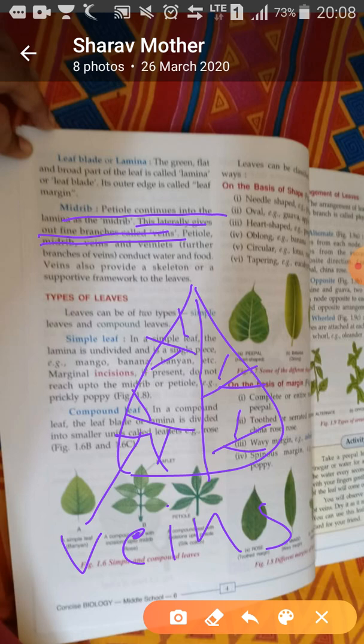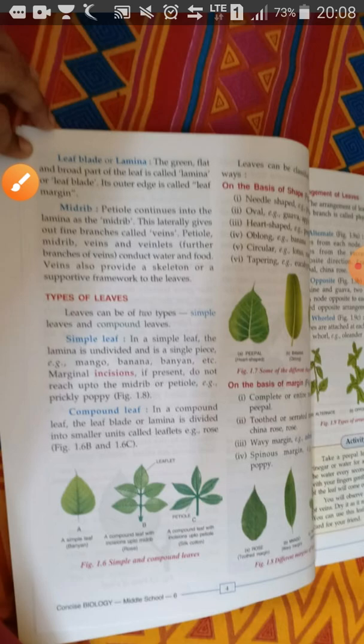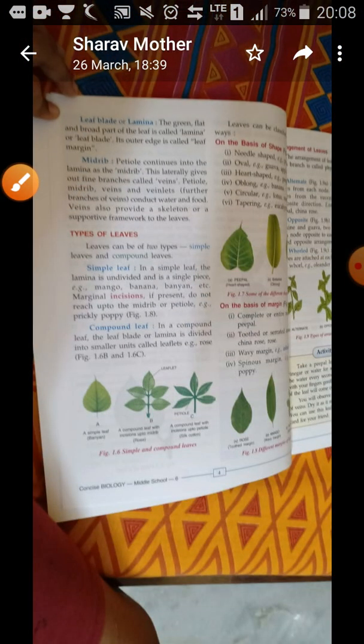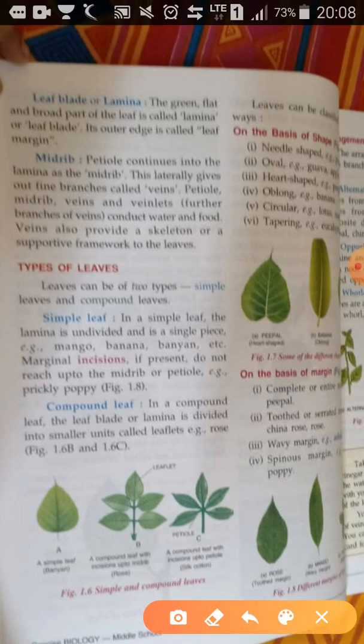These further lines are what you call veinlets. So what is the function of the veins?